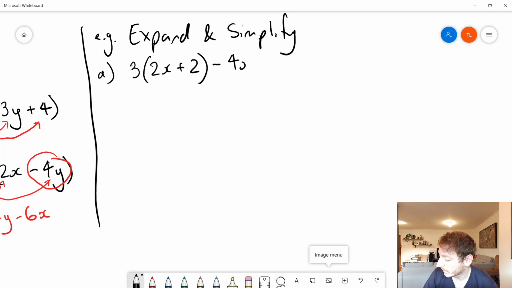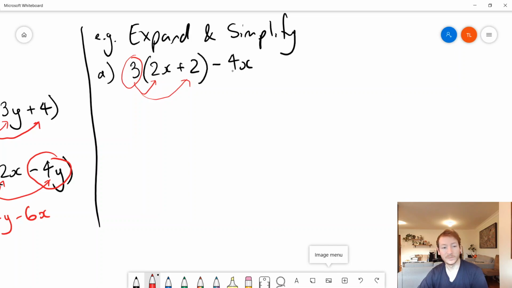minus 4x). Now, as I said before, when we were writing, we didn't write it down, but I said this here is not inside the brackets. This 3 is distributed to the 2x, to the positive 2, but not to the negative 4 because it is not inside the brackets.